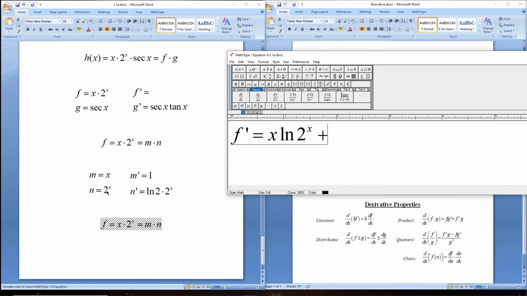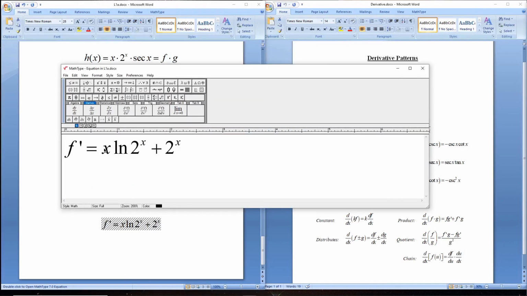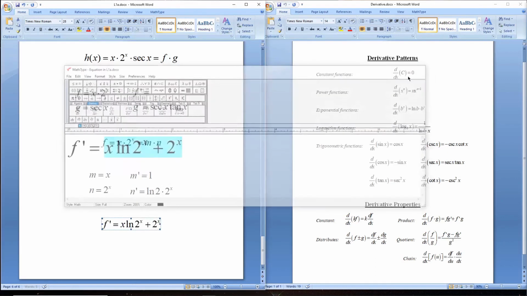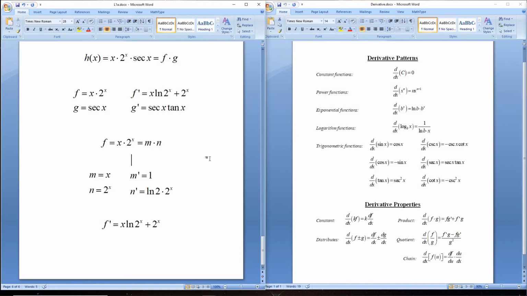And n is 2 to the x. And that is our derivative then for f that we were trying to figure out up above. Now I can go back up here and paste that in. Now, of course, we're not done yet because we still ultimately want the derivative of h.